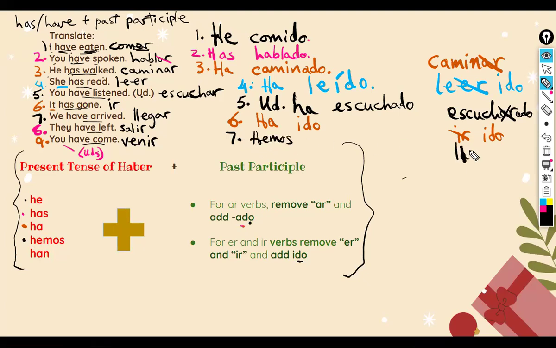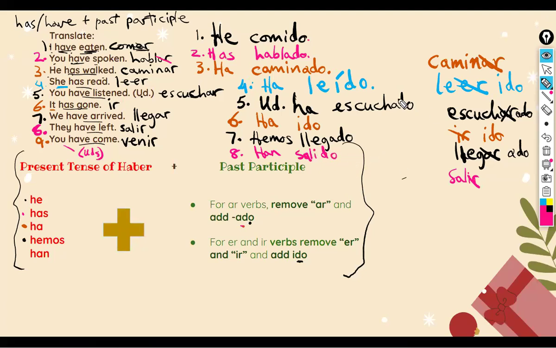What are we doing with the llegar? Taking off the AR, adding ADO. Hemos llegado. Right. Number 8. They have left. They have, "han", past tense of salir. Cross off the IR. Salido.